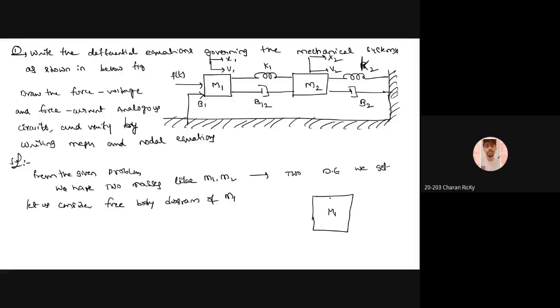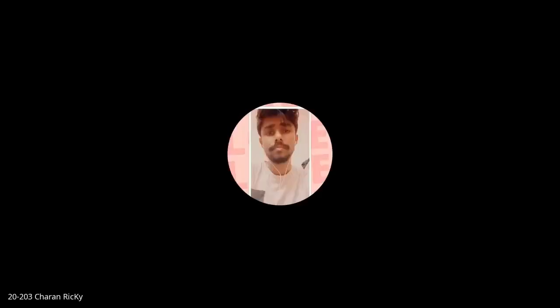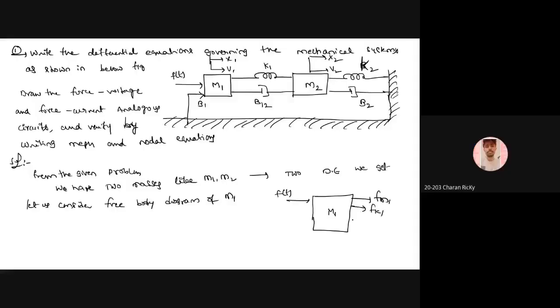F of t is the applied force. Then opposing forces: Fm1, its inertial force. Next Fk1, Fb1, Fb12. Right, good. Other than this, nothing will be there.